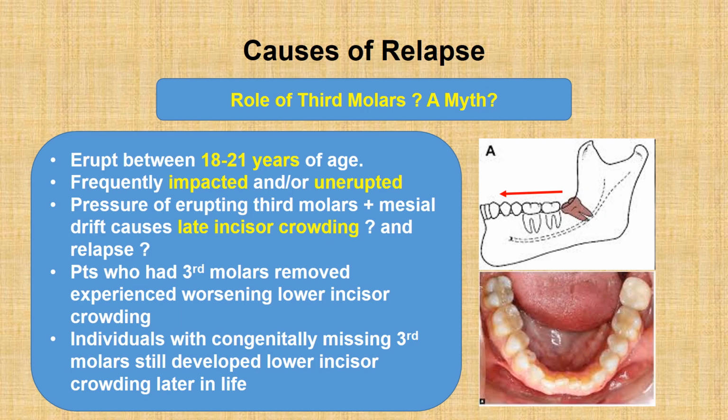Similarly, individuals with agenesis or congenitally missing third molars still develop lower incisor crowding later in life. Thus, there is no concrete evidence to show that third molar plays a role in relapse.